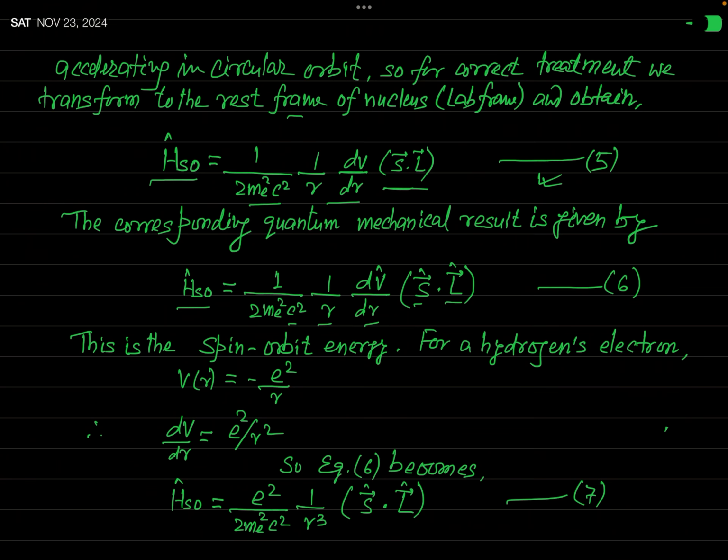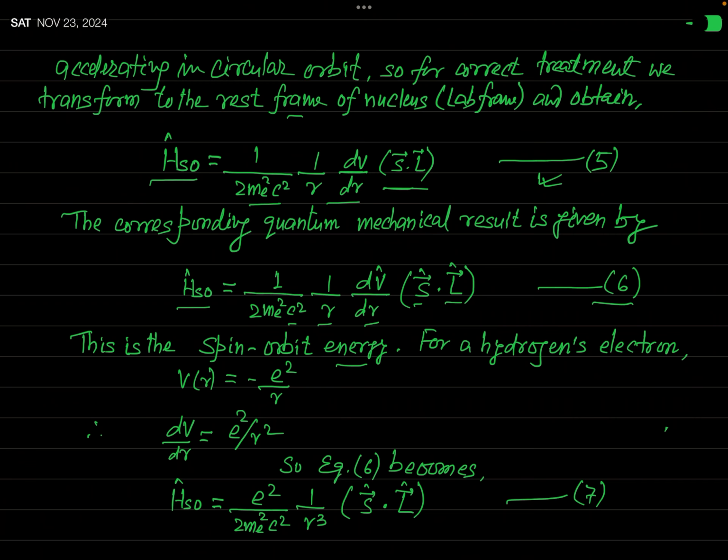And after getting the result, using the fact that any classical result can be written in its quantum mechanical version by replacing the dynamical variables or the observables in the expression with the corresponding operators. So in fact, this equation 6 now defines the spin orbit energy.